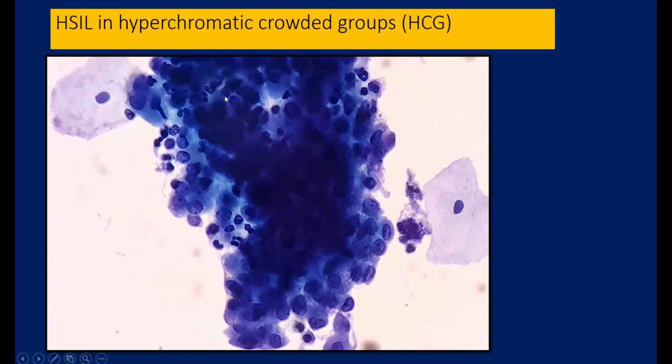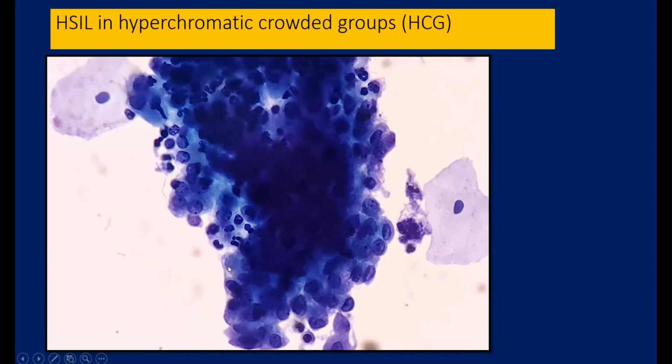However, there are certain features which are thought to be of help most of the time, but not always. If you have a hyperchromatic crowded group, and in the center there is a hypertightening of cells with a feature suggesting a whirling pattern, that is one of the features which helps us say that this is an HSIL in a hyperchromatic crowded group. You also look at the edges of these aggregates.